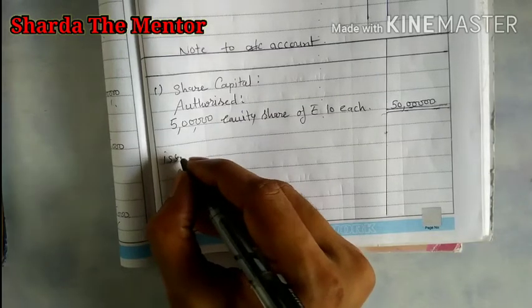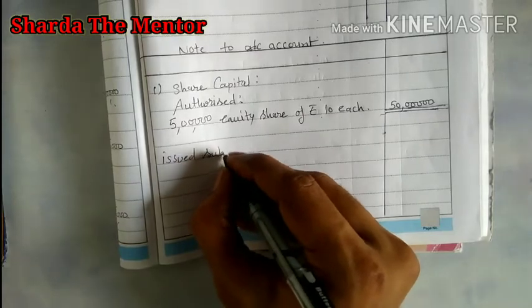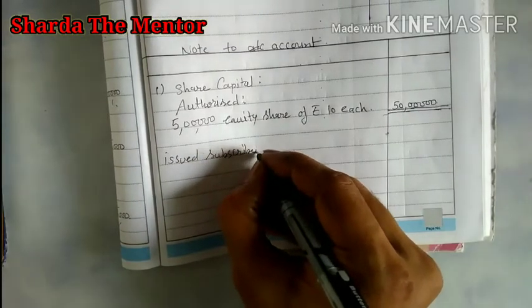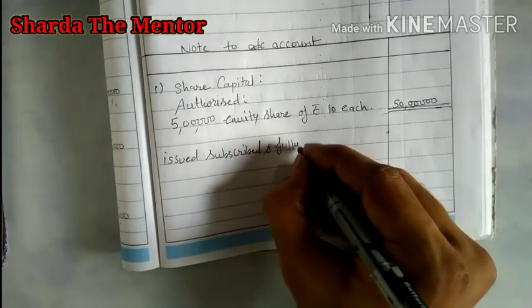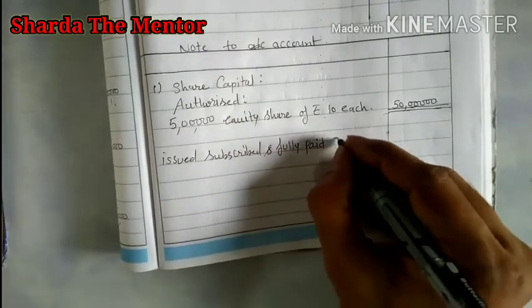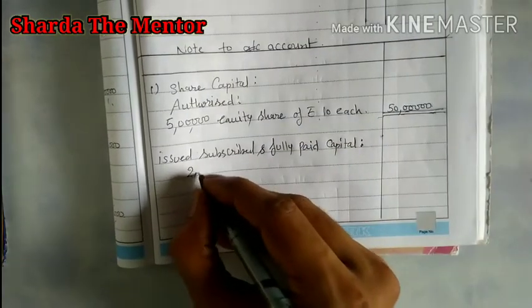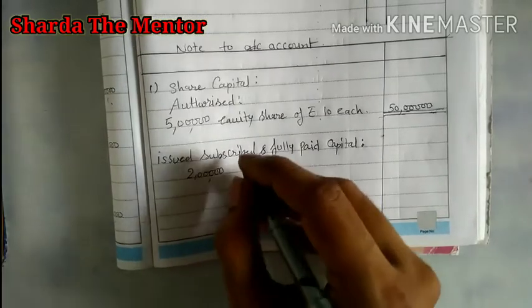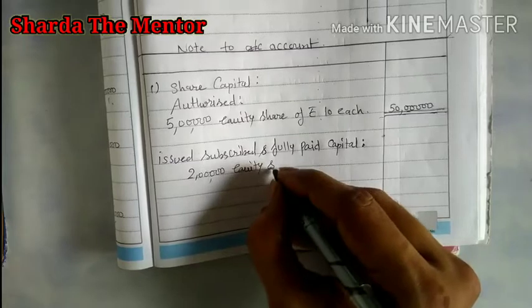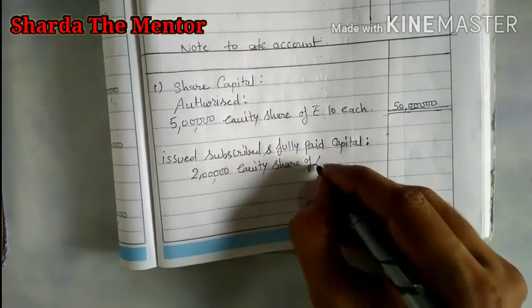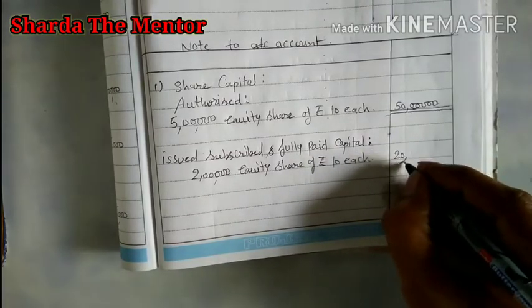So we issued, subscribed and fully paid capital, that is 2 lakh equity shares of rupees 10 each, so that will be 20 lakh.